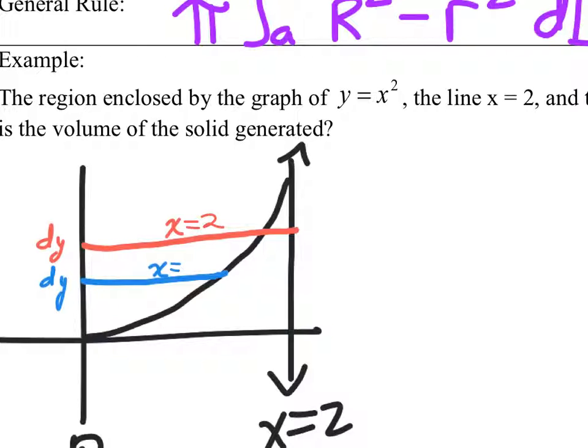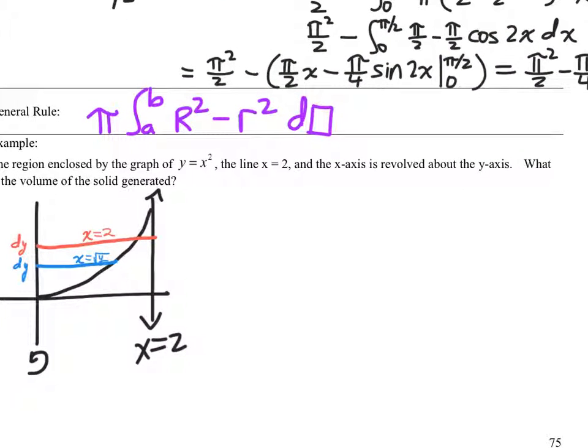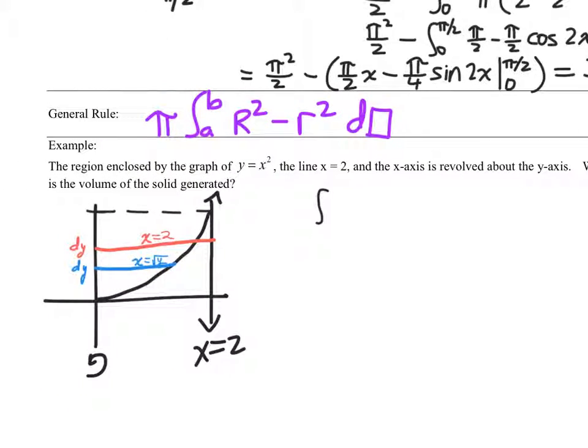Well, y is equal to x squared, so x is equal to square root of y. So we would say on the interval of 0 to, now this is in terms of y, what would be my upper bound? I know I'm going from 0 to 4.